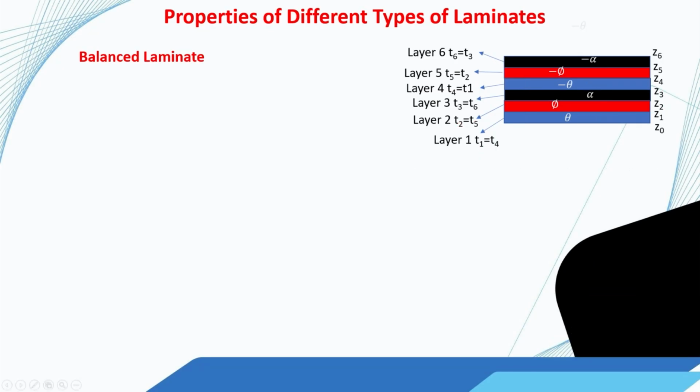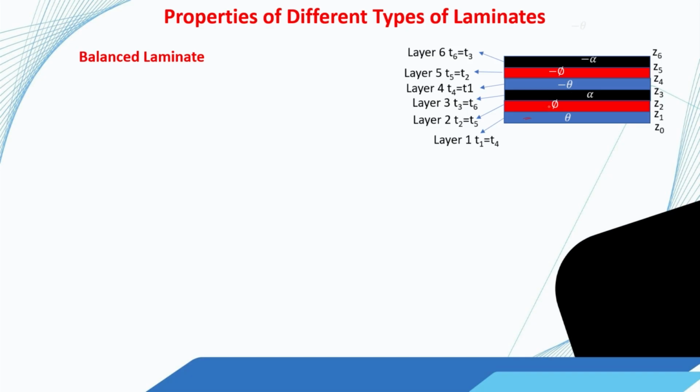Now, we will go to balanced laminates. In balanced laminates, we know that the number of plies with orientation theta should be the same as the number of plies with orientation minus theta. So, for example, here we see a blue coded layer which has angle theta, and then we have another blue layer of angle minus theta.